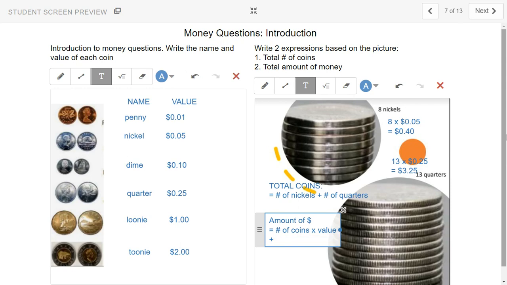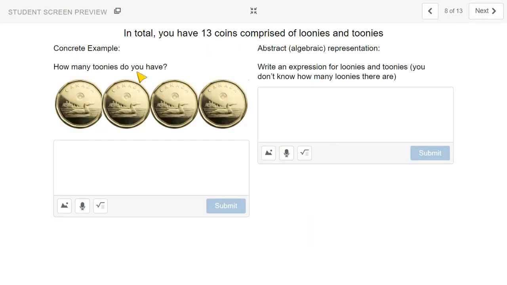And then I have to add it to the second coin times the value again. Now, both of these are important to remember as we solve some of these questions. So, in total, we have 13 coins comprised of loonies and toonies.